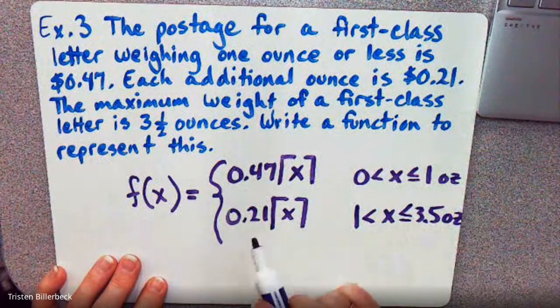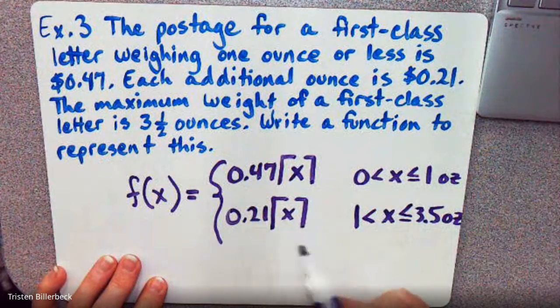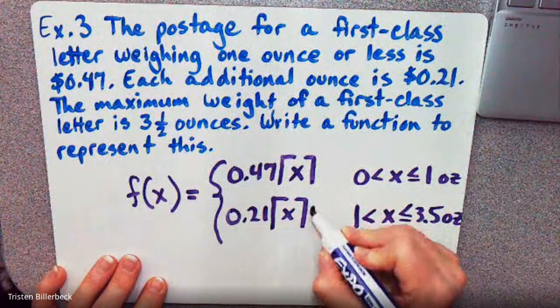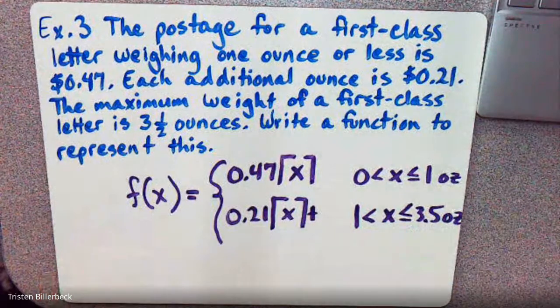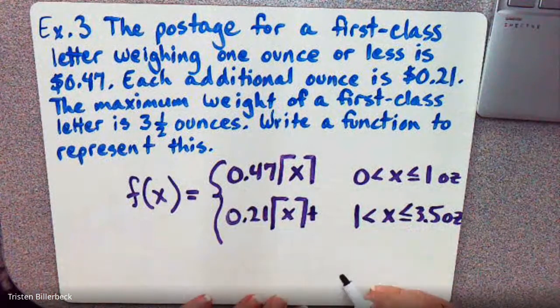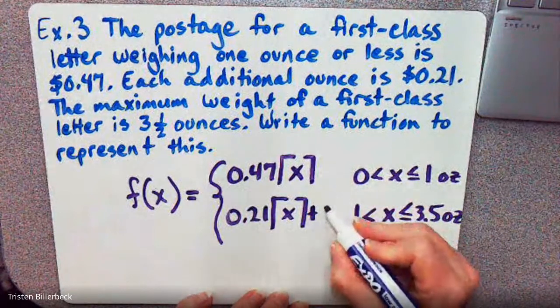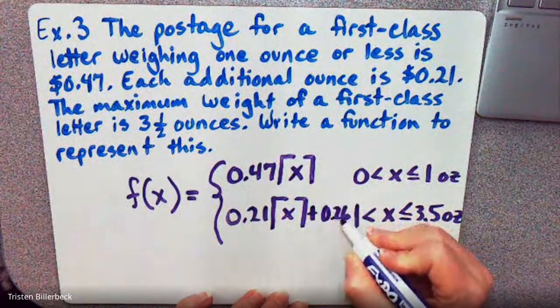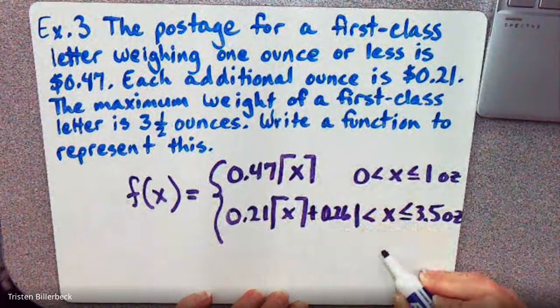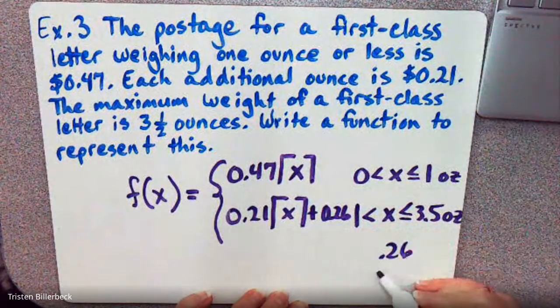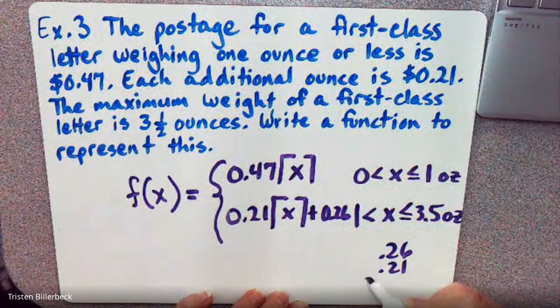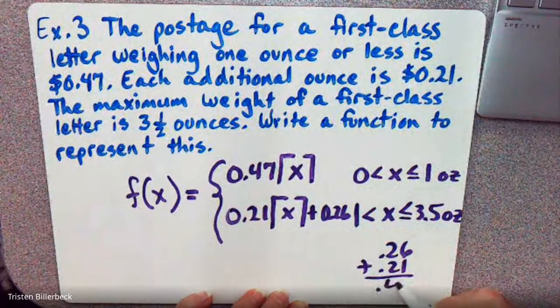So this would be this, but we still have to add a little something, because what happens if it was x? If we had this in here, we would still have to have 0.26, because we see 0.26 plus 0.21 equals 0.47.